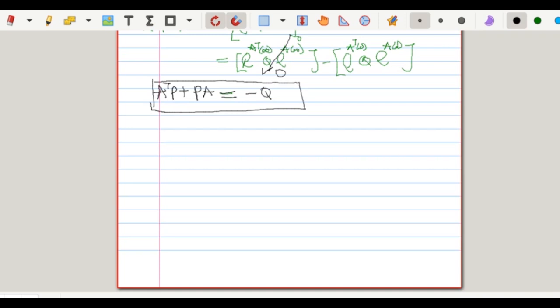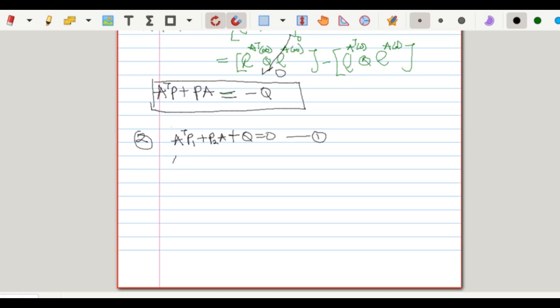To prove that there exists a unique solution, we are going to let P1 and P2 be any two solutions, where we are going to have two systems of linear equations. We are going to have A transpose P1 plus P1A, and let's bring this side, plus Q equal to 0. Let's call this equation 1.